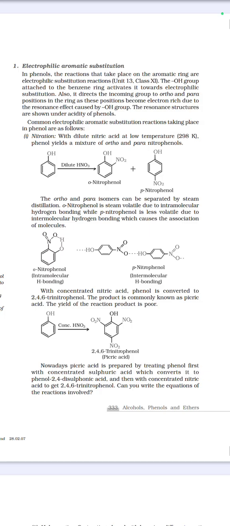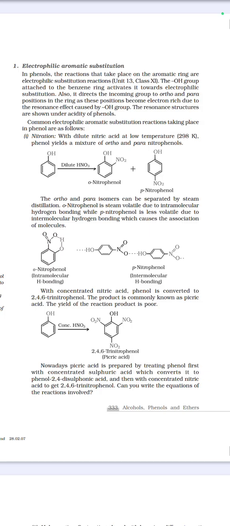Common electrophilic aromatic substitution reactions taking place in phenol are as follows. Nitration. With dilute nitric acid at a low temperature, phenol yields a mixture of ortho and para-nitrophenol.